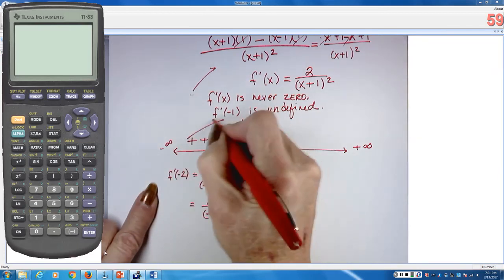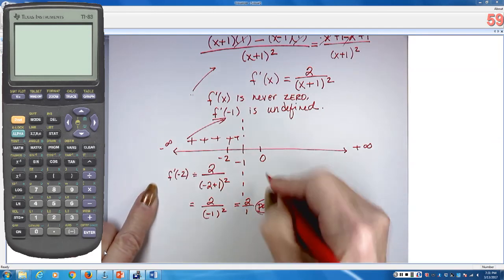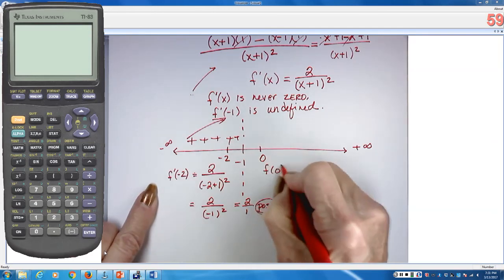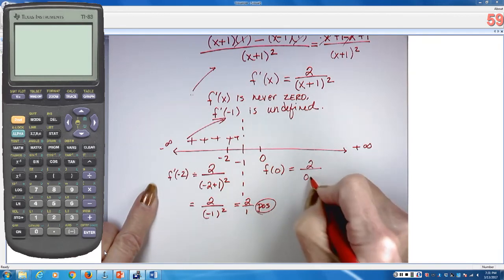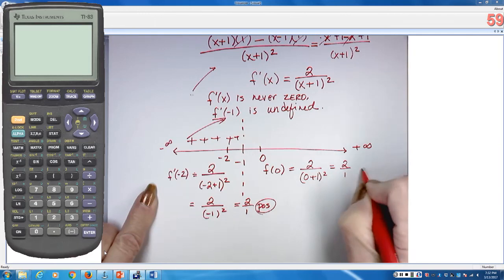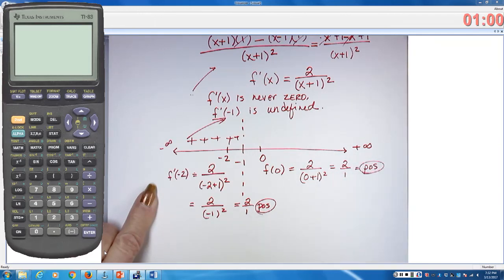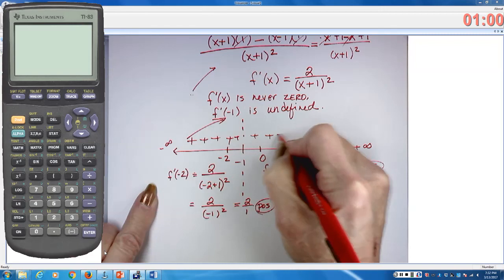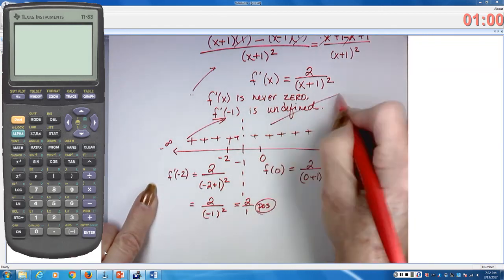That means the function's going up. And f prime of 0 is also positive. So it's still going up.